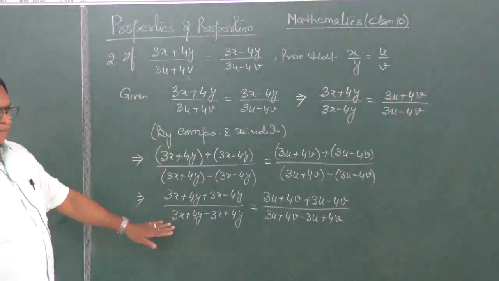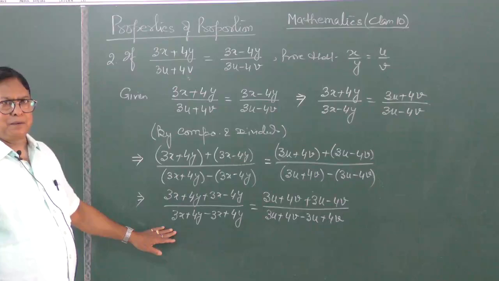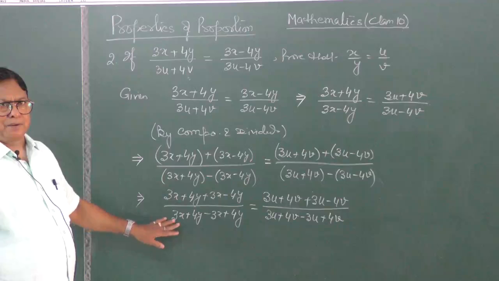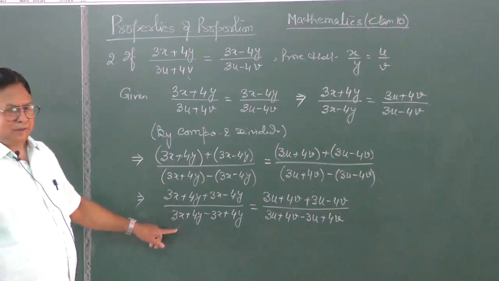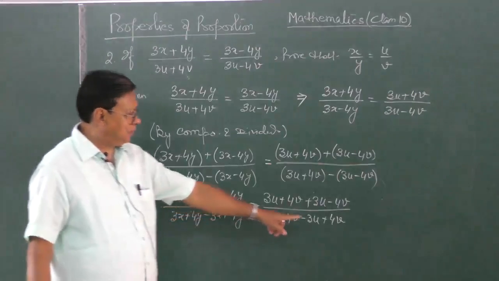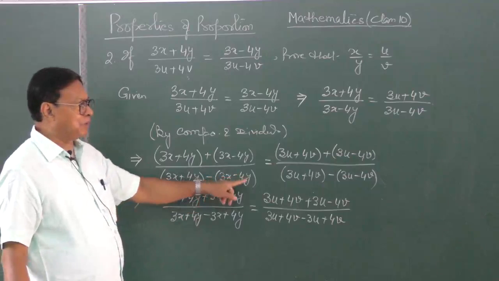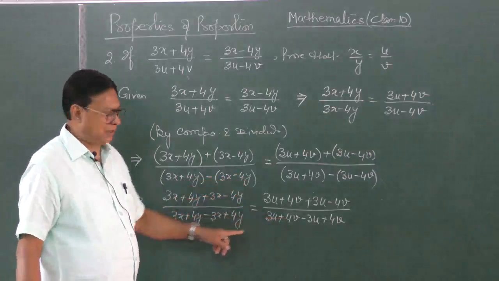Now this step you can do directly. You can do it directly, but then this sign the children normally make a mistake. So you put a bracket and then remove the bracket, so you will not make a mistake here.